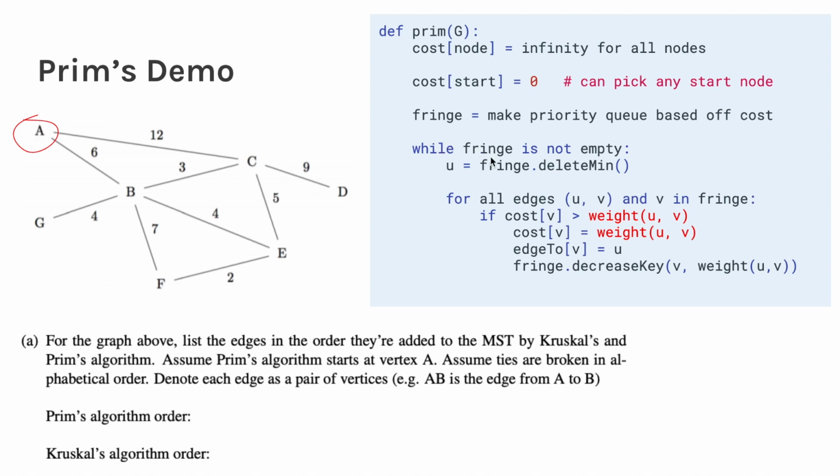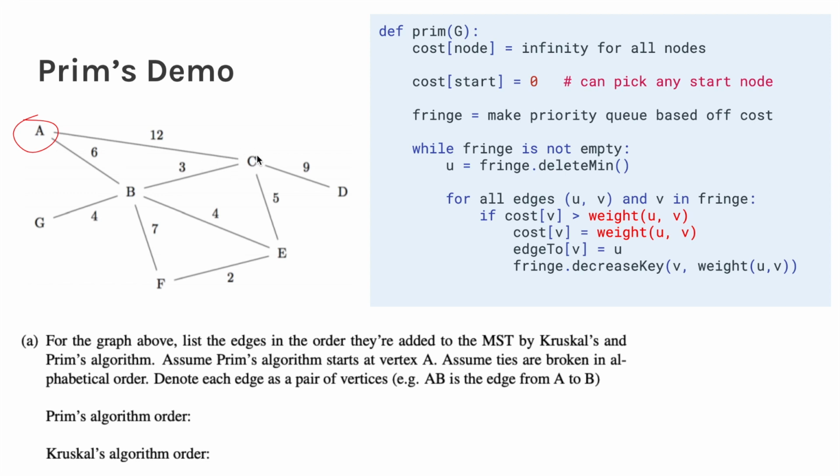So initially, we're going to delete A from the priority queue because it has a minimum cost, and then we're going to look at all the neighbors of A. And we're going to look at whether the weight from A to its neighbors is less than the cost of the neighbor. And for sure, the cost of everything right now is infinity, so we're going to update the cost of B to be 6, the cost of C to be 12, and that's it, because that's all our neighbors.